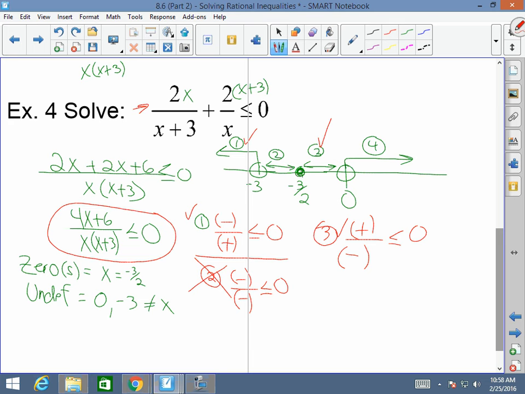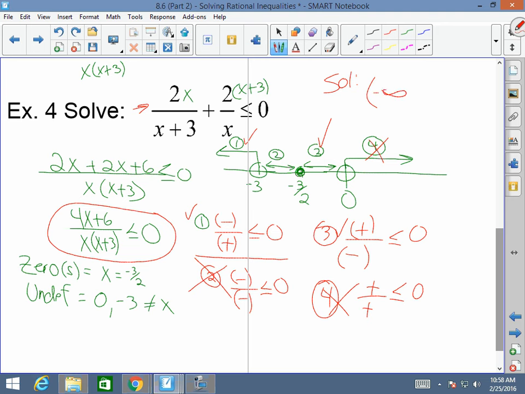Interval 3 works. And 4, which will not work either, but I'll prove it. Give me a nice pretty number greater than 0. 1. So 4 times 1 is 4 plus 6. That's a positive. 1 times 1 plus 3. That's positive. Is that less than or equal to 0? No, does not work. What's my solution, gentlemen?